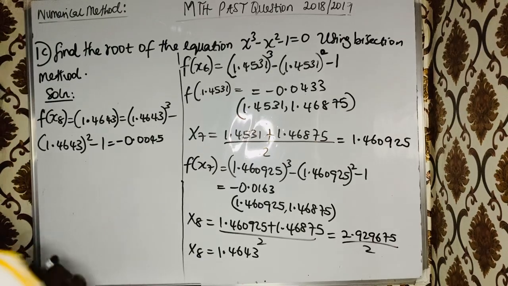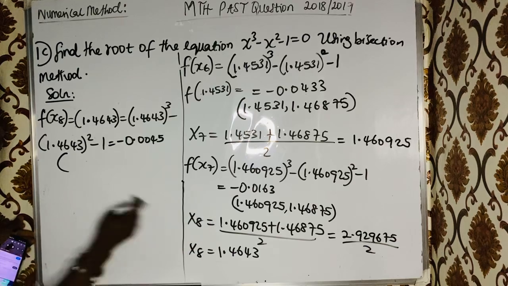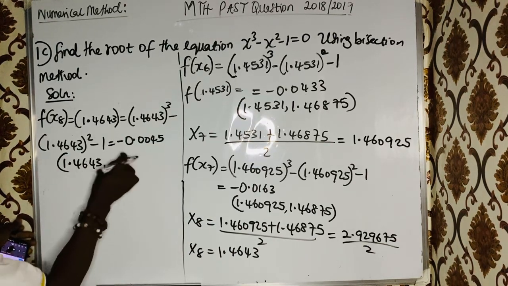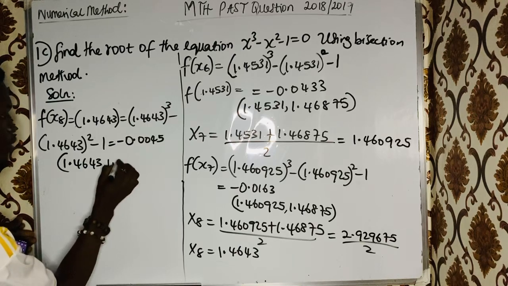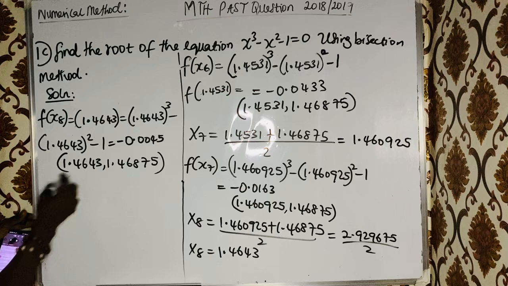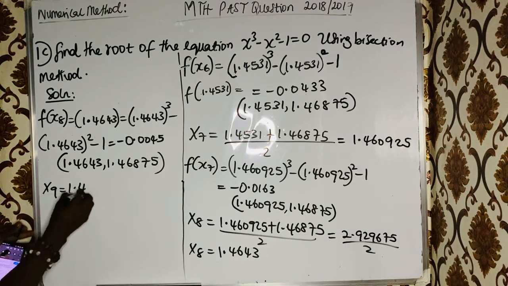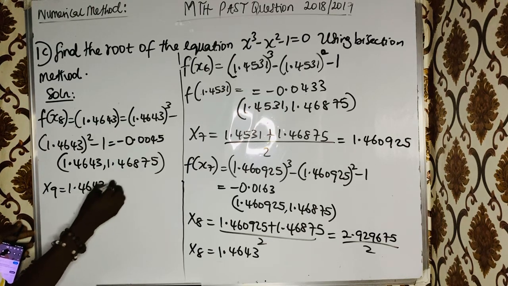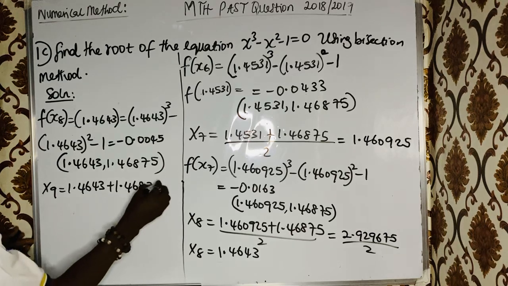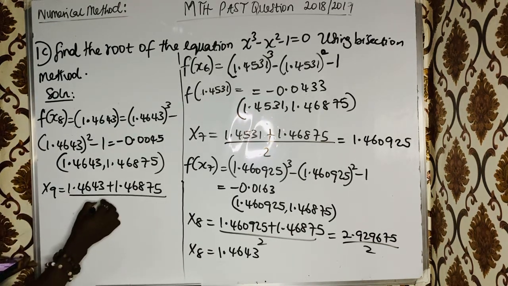So let us look for the interval where the root lies, because we are getting negative. So we are going to put 1.4643, comma, and then leaving this one still 1.46875. So x9 will now be 1.4643 plus 1.46875, all over 2.